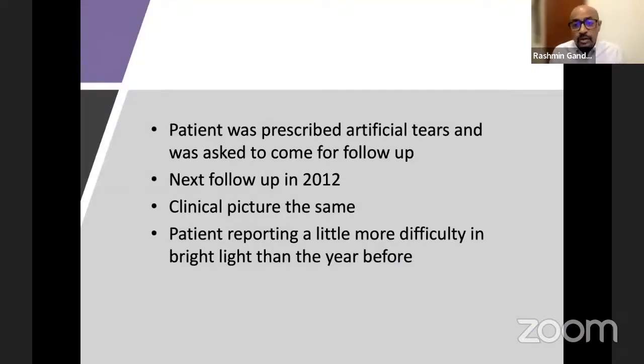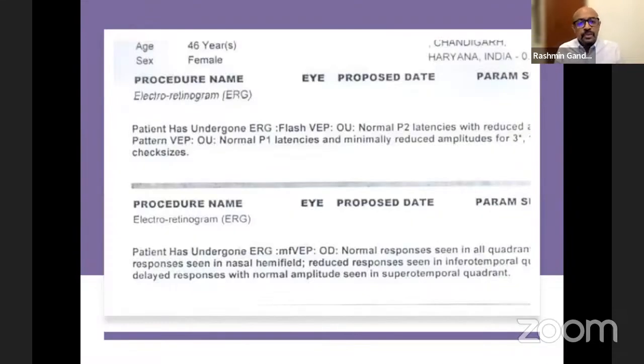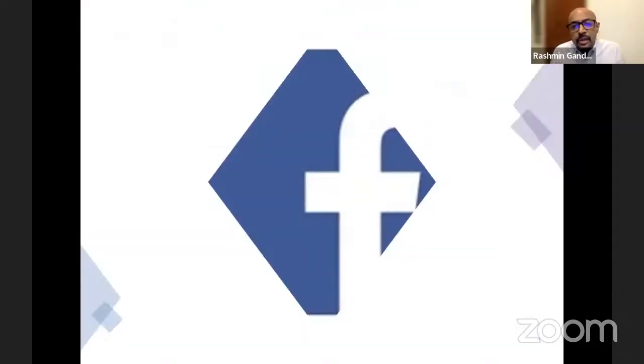At the next follow-up, a year later, everything was the same, except the patient said that she had a little more difficulty in bright light than the last year. Again, the electrophysiological tests were not really remarkable. A few years later, during this period, the patient's husband had sent me a Facebook friend request, and I accepted it.